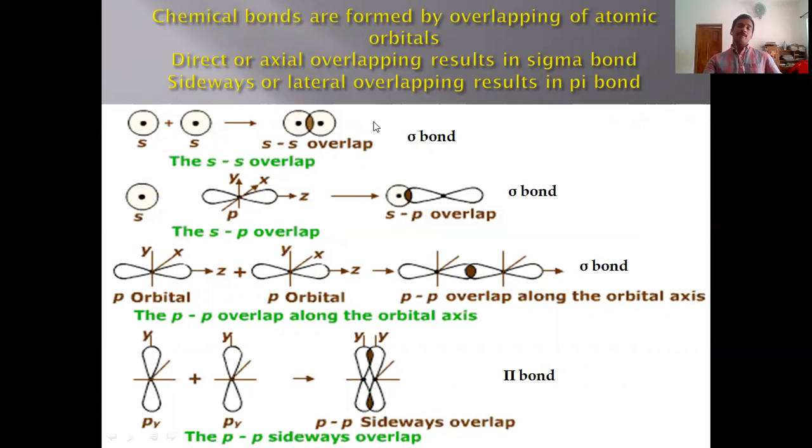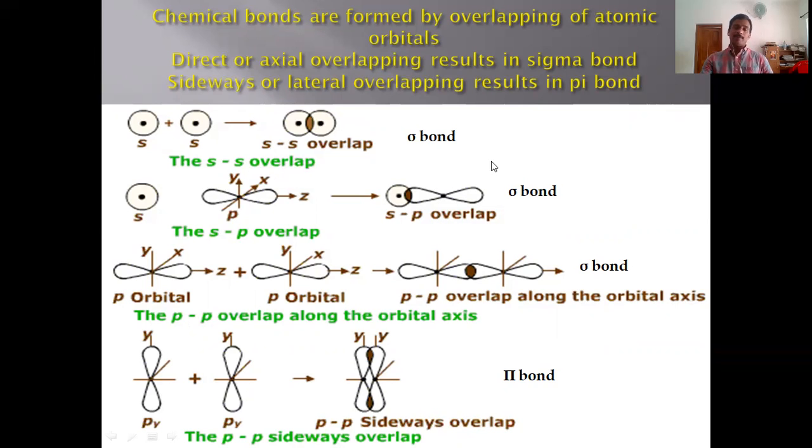Here we can see various possible overlappings. Two s orbitals: s orbitals are spherical in shape. When they overlap, that will be along the axis, so it is axial overlapping or direct overlapping. So ss overlap results only in a sigma bond.